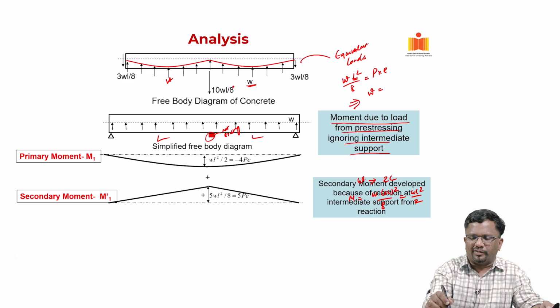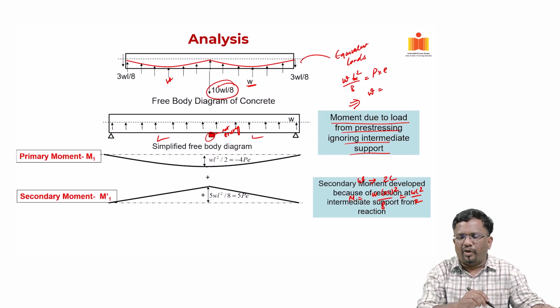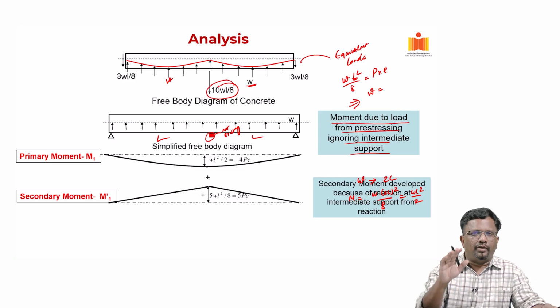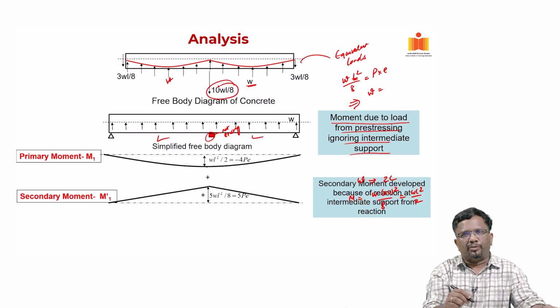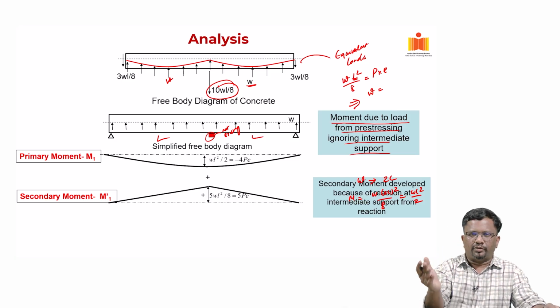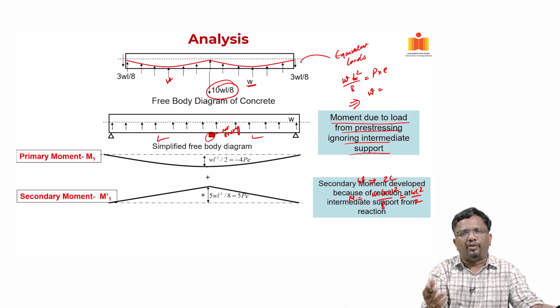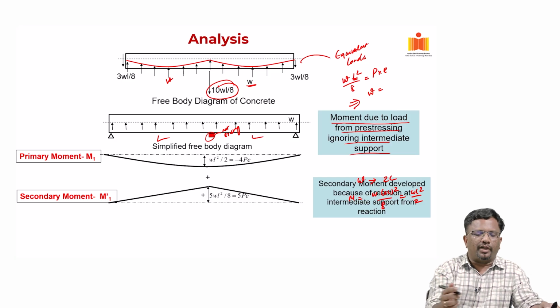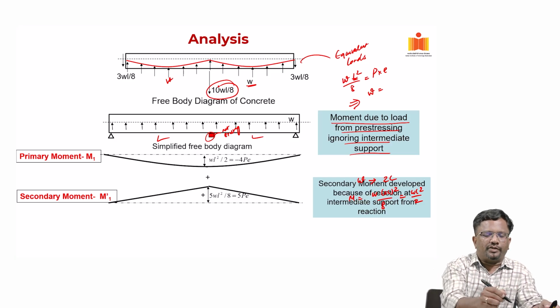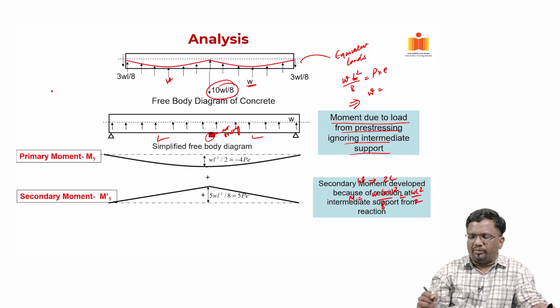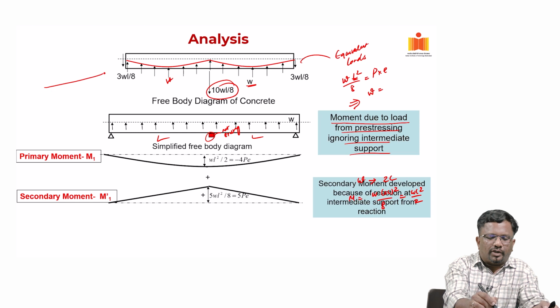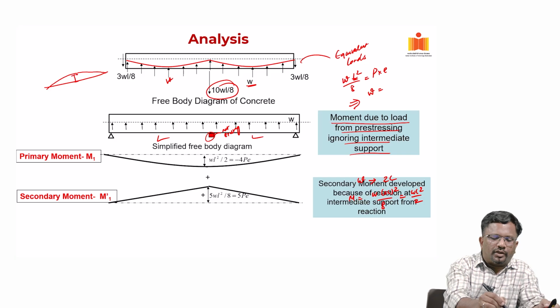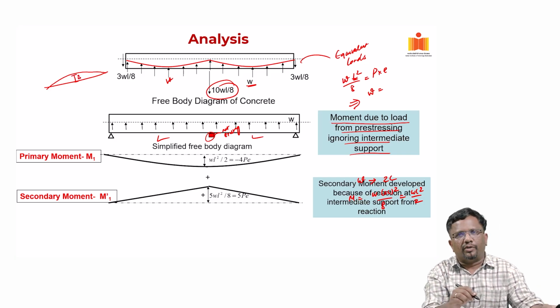First, I need to find this reaction value. Now, how do I find this reaction value? You can use the principle of superposition. Especially for a two span structure, you can easily calculate your delta. As we have seen, for a two span system, you are going to have a beam that lifts up like this due to pre-stress, and this delta is what we are going to have.